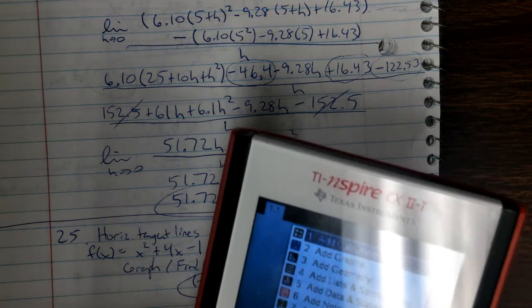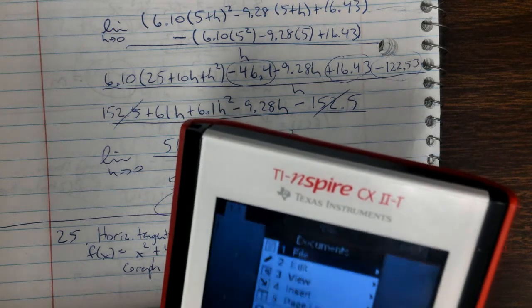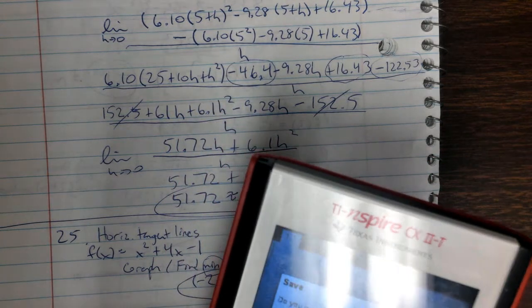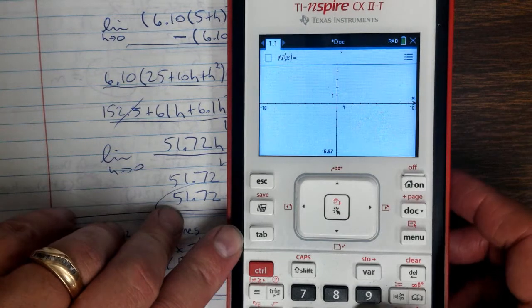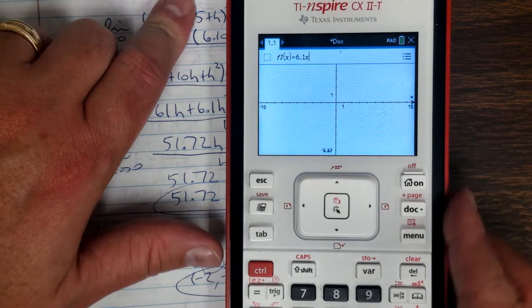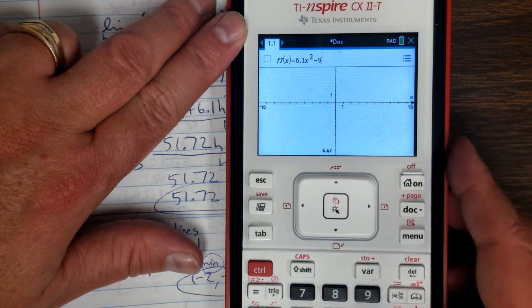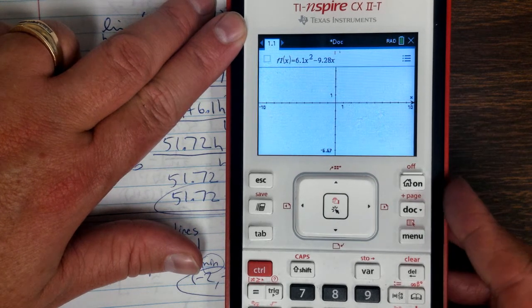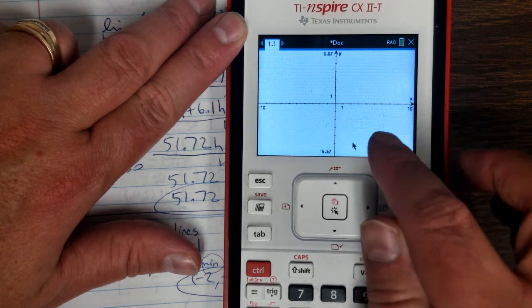And you have 6.1x squared minus 9.28x plus 16.43. Okay, I graphed it.